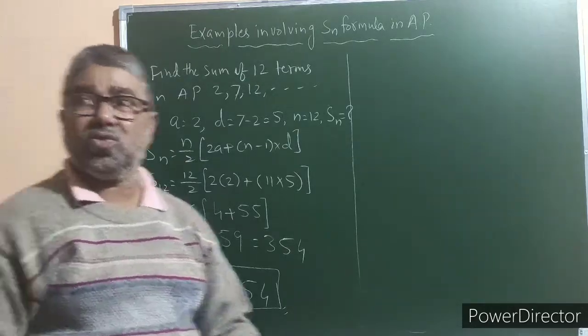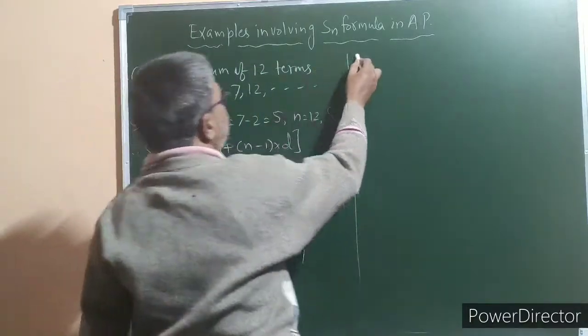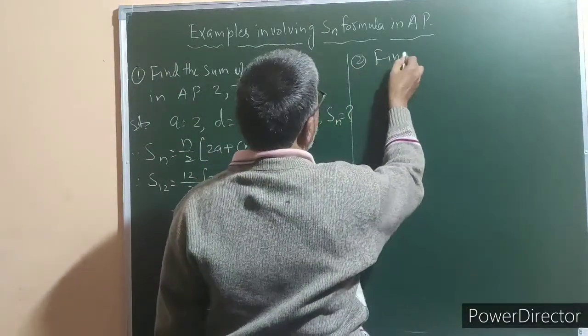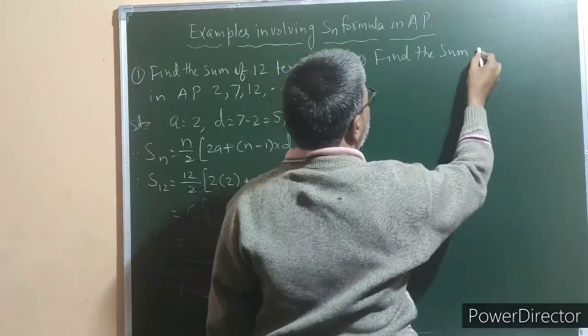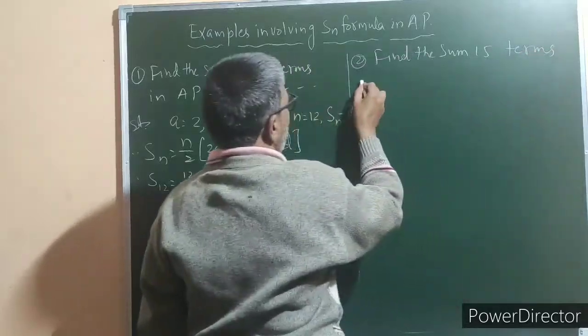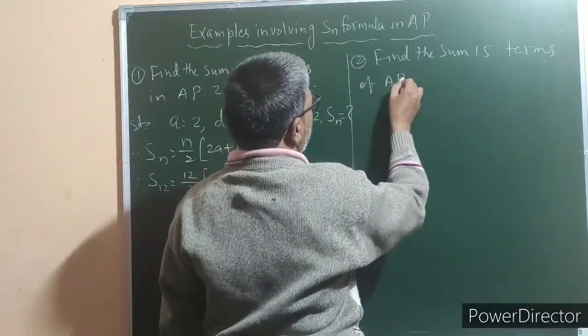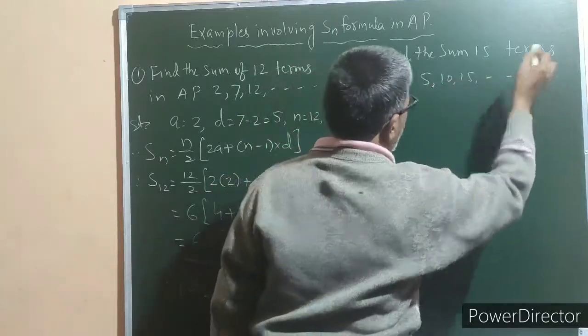Now let us see one more example. I will write the second example. Find the sum of 15 terms of AP 5, 10, 15, and so on.